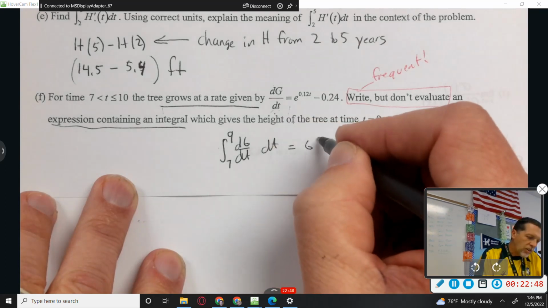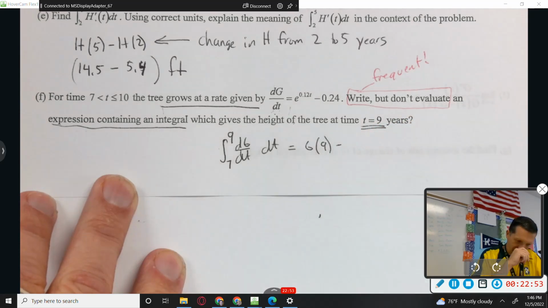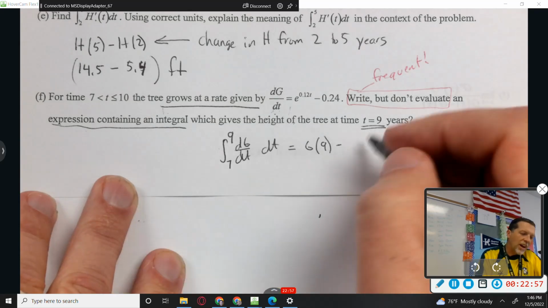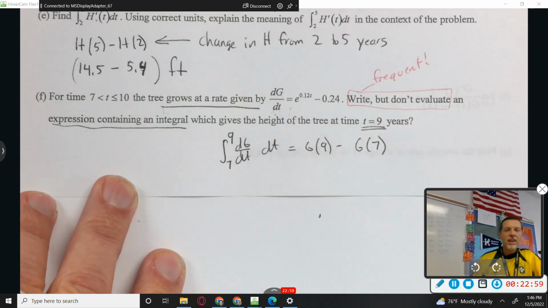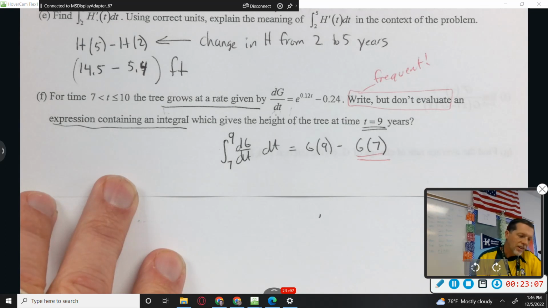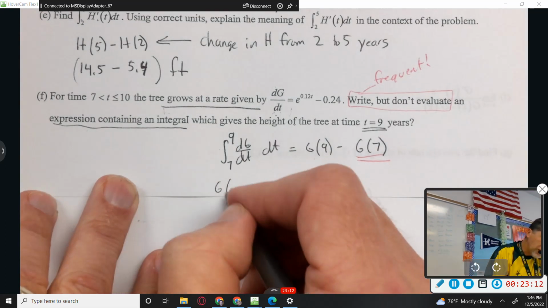Can you also do 9 to 10, because of the interval it gave us? Well, here's the reason I'm doing 7 to 9 rather than 9 to 10. Anybody know why? We have 7. I know what g of 7 is. I know how tall the tree is. I haven't solved for g of 9 yet, but I'm almost there.